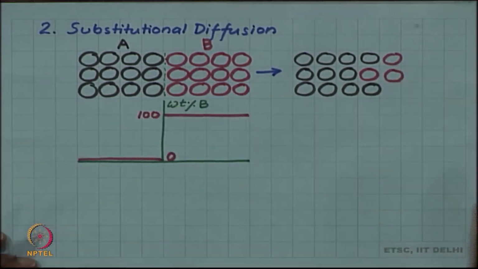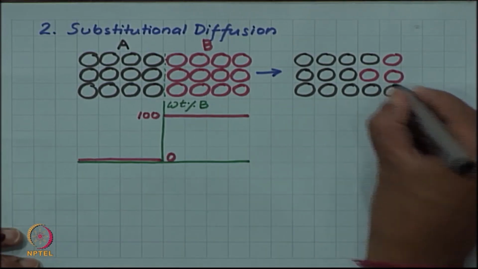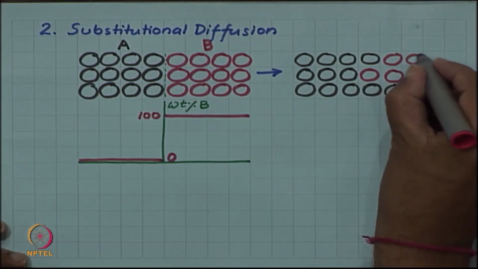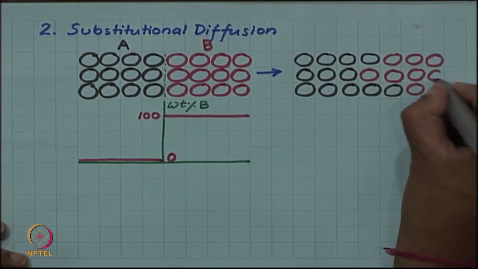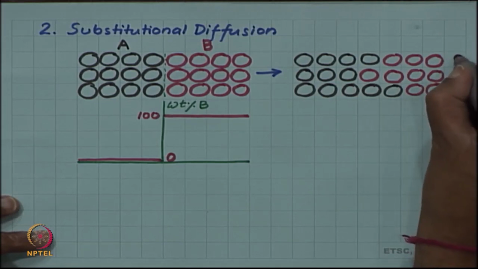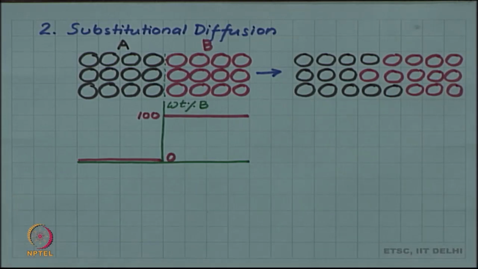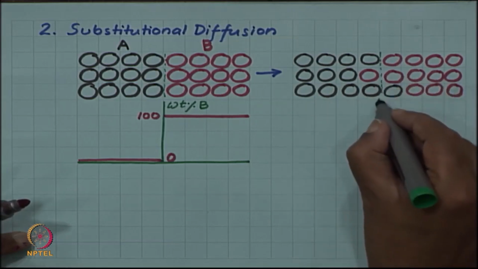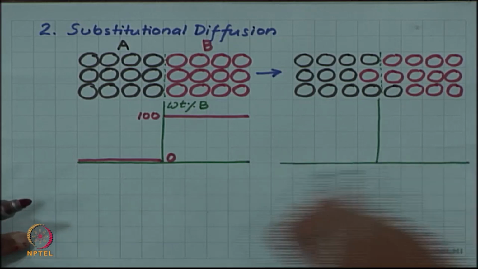and correspondingly somewhere there will be an A atom on the B side. So, across the interface you can now see that a migration of atoms has taken place, or a diffusion has taken place.